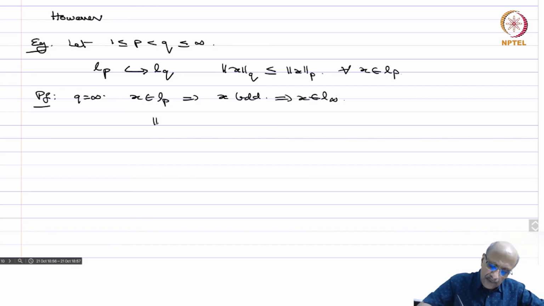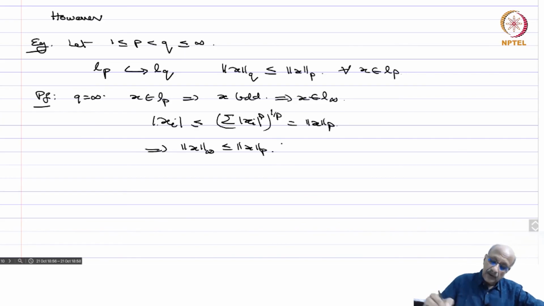And mod xi for any i is less than or equal to sigma mod xi power p whole power 1 by p, which is equal to norm xp. And therefore if you take the sup, you get norm x infinity is less than or equal to norm xp.